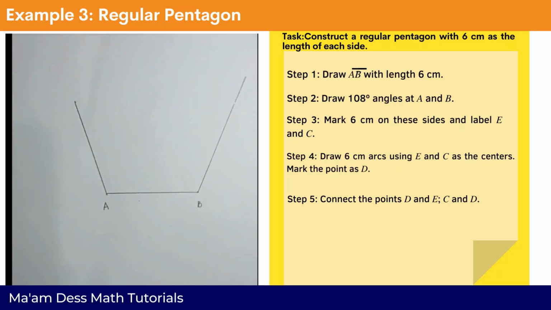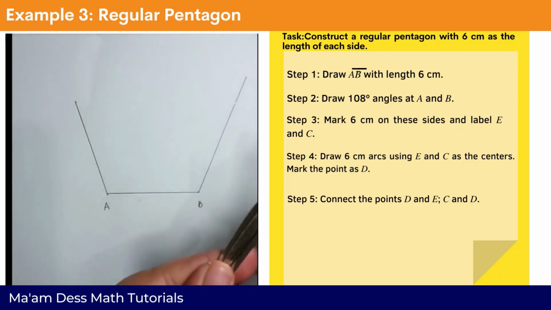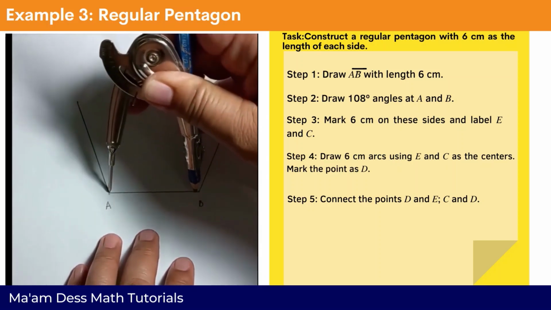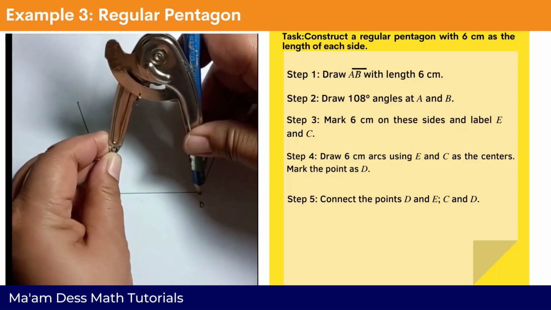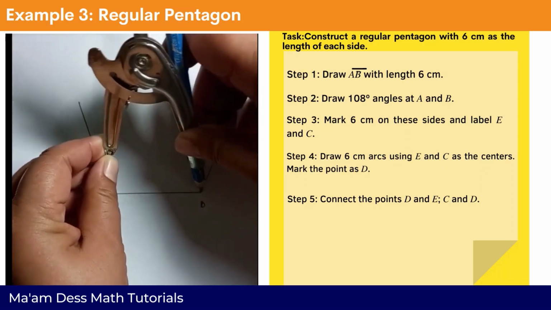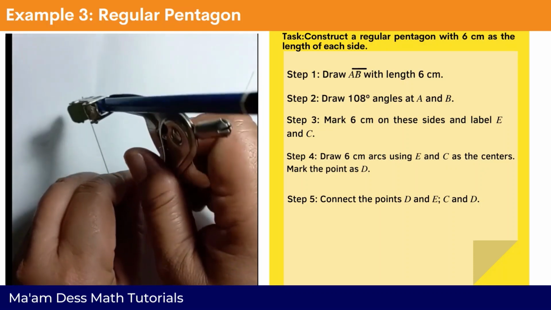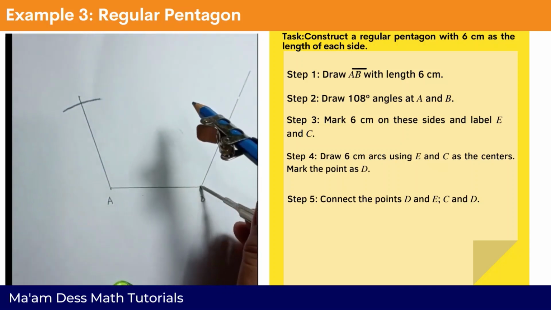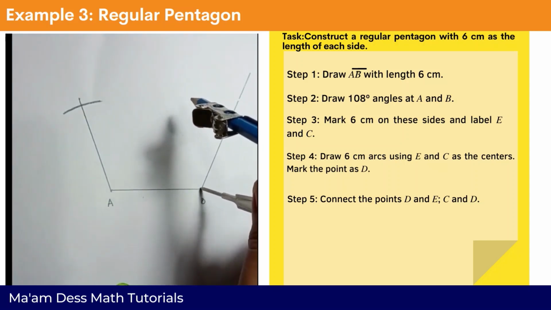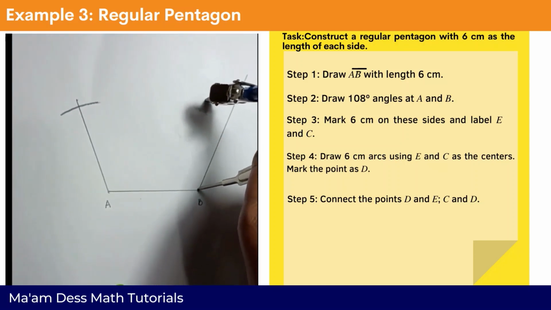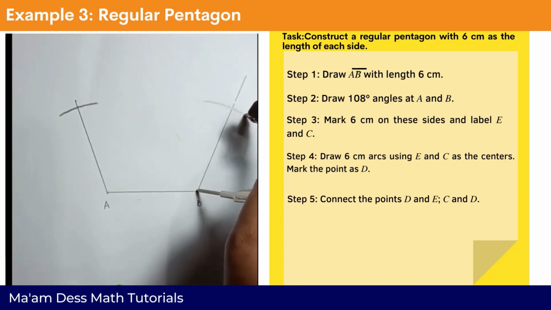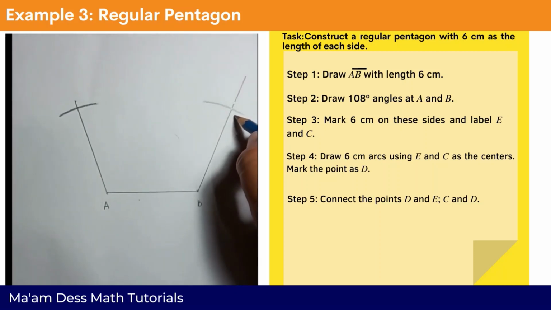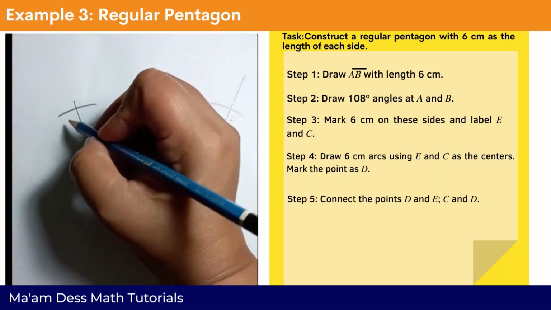The next one, using your compass, must be same width of line segment AB. So at A, make an arc. At B, make an arc again. Label this one as point C and this one as point E.